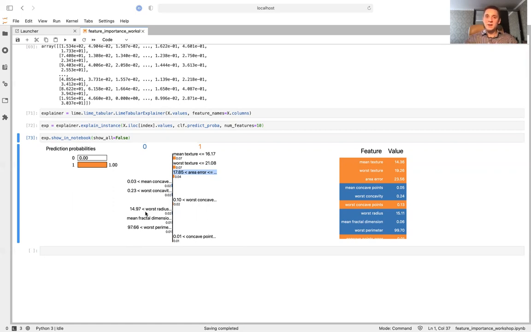So in this case, machine learning is no longer a black box, but rather a white box, because you have a clear understanding of how the model detected the patterns and how your model generates predictions.